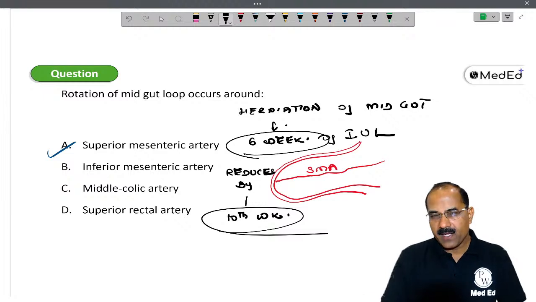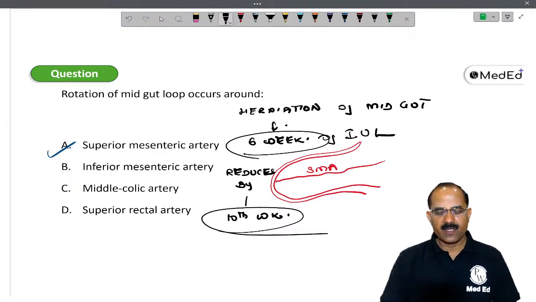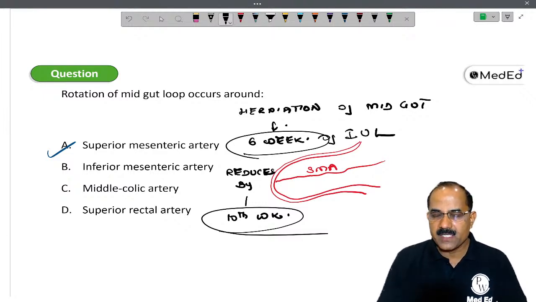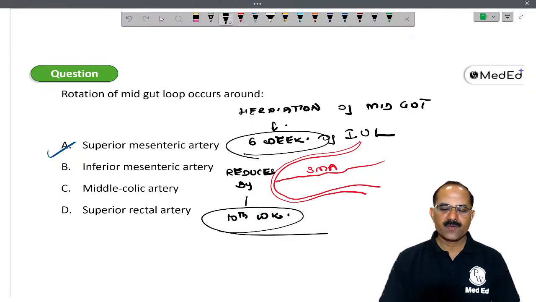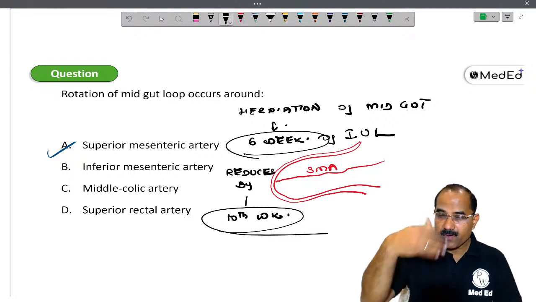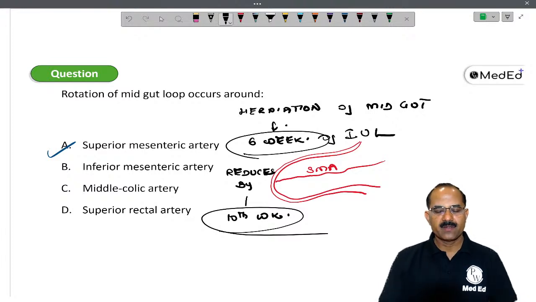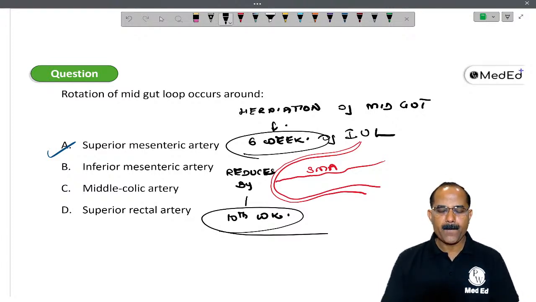What is the vertebral level of superior mesenteric artery? Can anyone tell me? Vertebral level of origin of superior mesenteric artery. Bolo bacho, I'm looking at the screen.